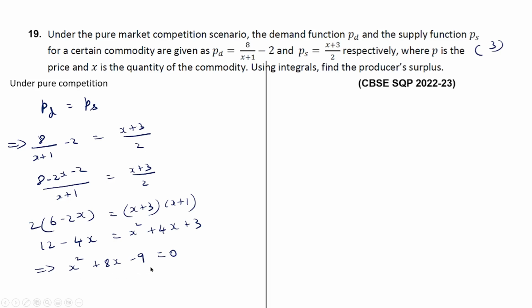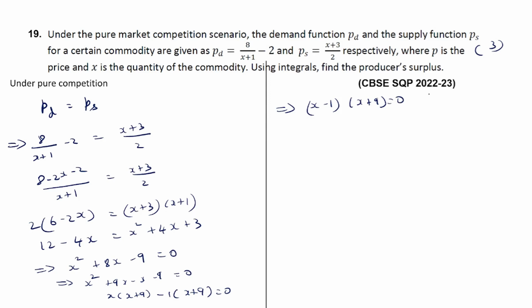So this is a quadratic equation in x, so it can be solved. This is x square plus 9x minus x minus 9 equal to 0, or x into x plus 9 minus 1 into x plus 9 equal to 0. So we have x minus 1 into x plus 9 equal to 0.